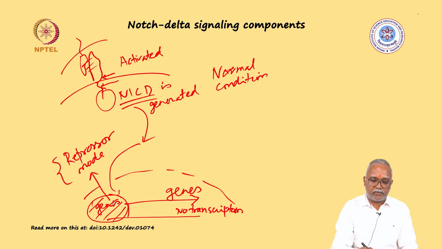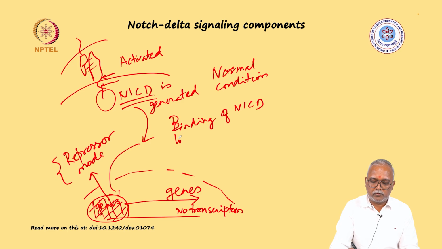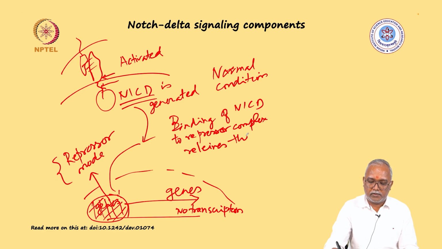This NICD will move inside the nucleus and bind to this complex which was repressor type, and the binding of NICD to the repressor complex relieves the repression. Basically, that's when it activates transcription.